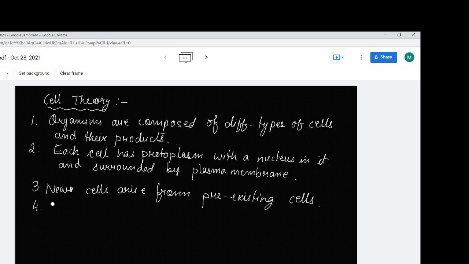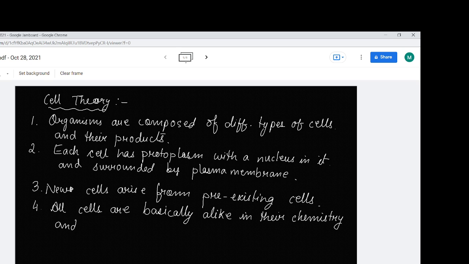And then all cells are basically alike. So the basic design of all cells are alike in their chemistry and physiology.